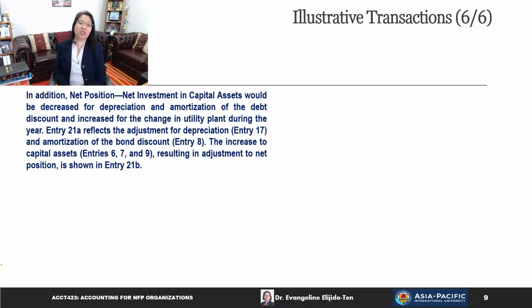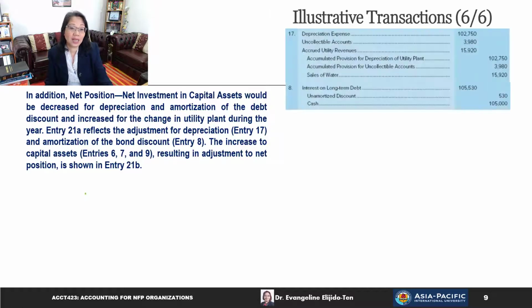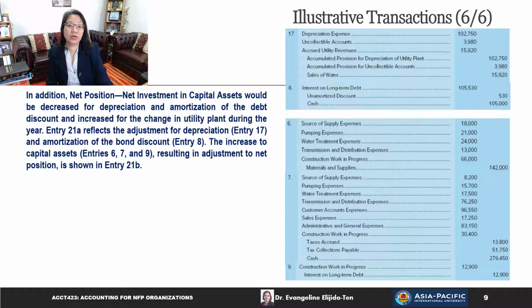Well, in addition, the net position, net investment in capital assets would be decreased for depreciation and amortization of the debt discount, and increased for the change in utility plant during the year. So entry 21A will actually reflect the adjustment for depreciation that is shown in entry 7, and also the amortization that is shown in entry 8.